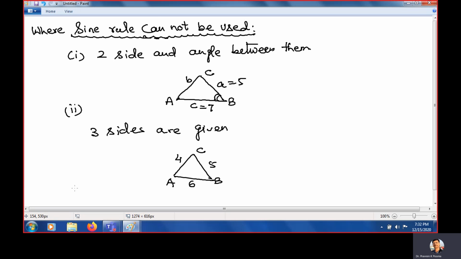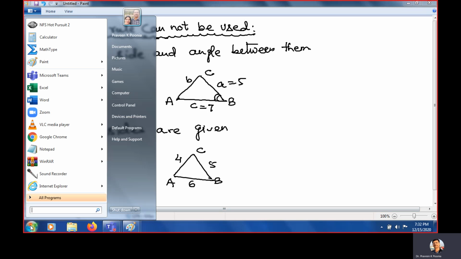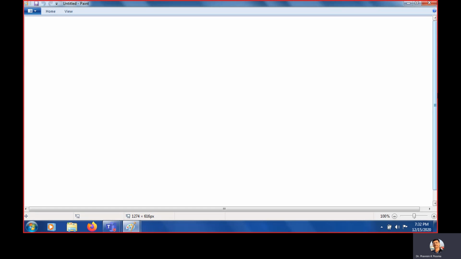Now, we will solve 3 questions based on this. How can we use sine rule? So we will take question number 1. 3 questions we will solve. Let this be the triangle.